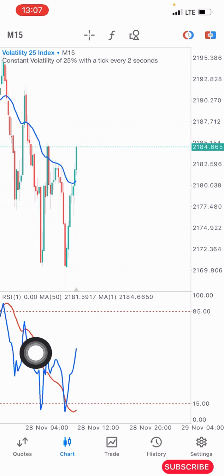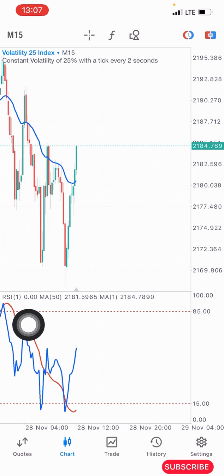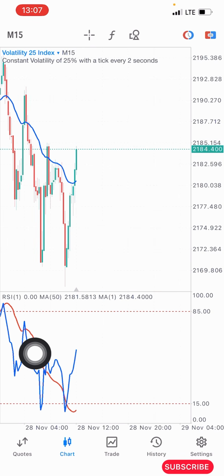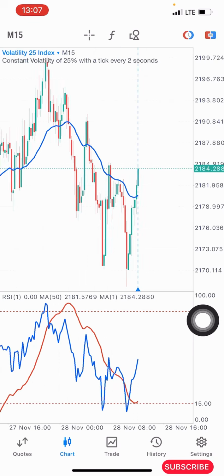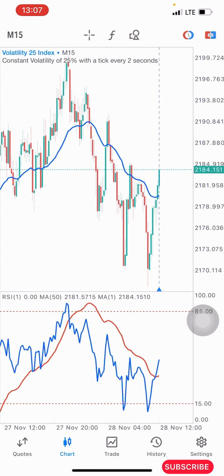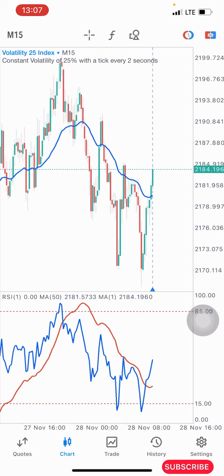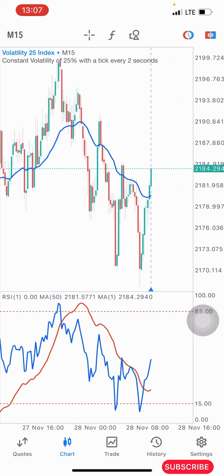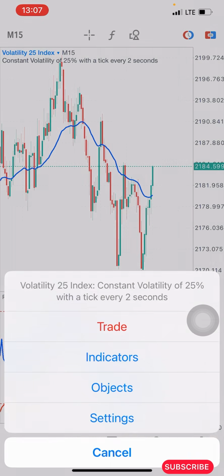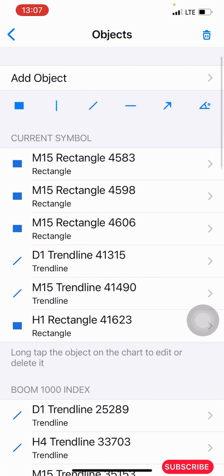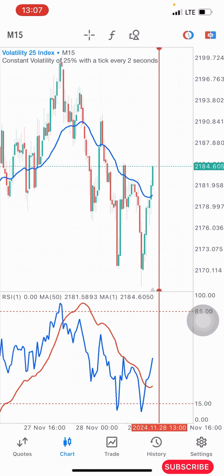If you shift to this area, you see that the indicator is not showing you the strategy. It's kind of messy, you can see it's not well arranged, but just shift your chart to this area like this, and you are going to get the accurate signals. Let me use this tool to mark it so that you see what I'm saying.